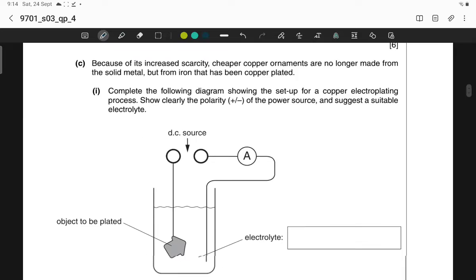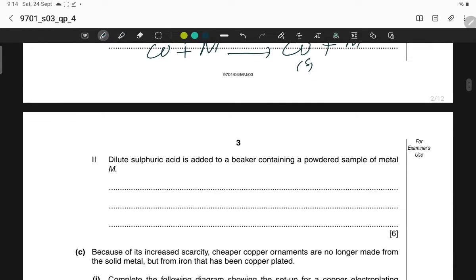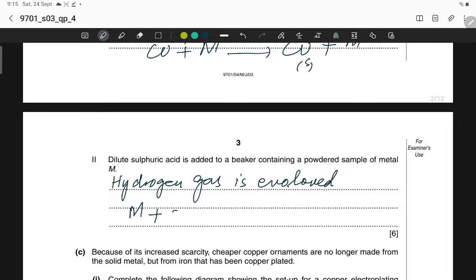So when dilute sulfuric acid is added to the powdered sample of metal, hydrogen gas is evolved. The ionic equation is M plus 2H positive to form M2 positive plus H2.